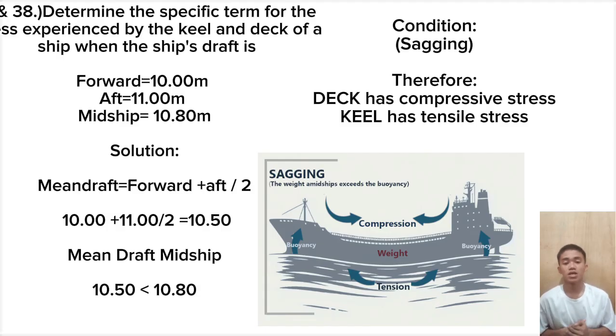First, we calculate the average of forward and the after drop. 10 plus 11 divided by 2 is equal to 10.5 meters. Now, we compare the midship drop of 10.80 meters with this average of 10.5 meters. Since the midship drop is greater than the average drop, the ship is experiencing a sagging condition.